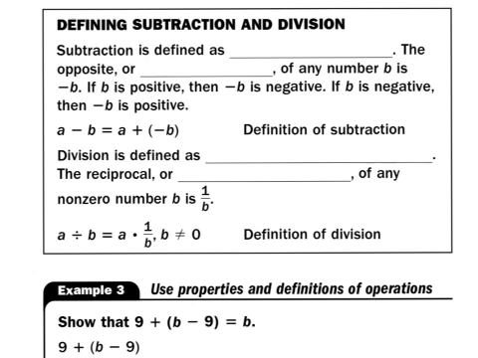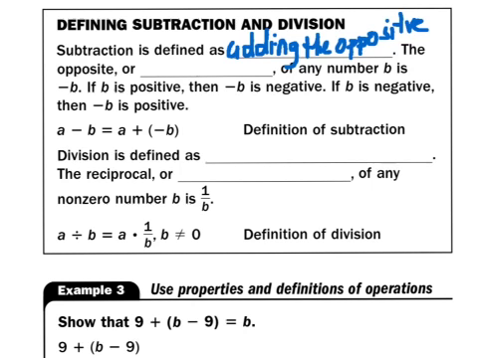Okay, defining subtraction and division. Subtraction is defined as adding the opposite. So technically in algebra, we really don't talk about subtraction at all. We just talk about adding a negative.